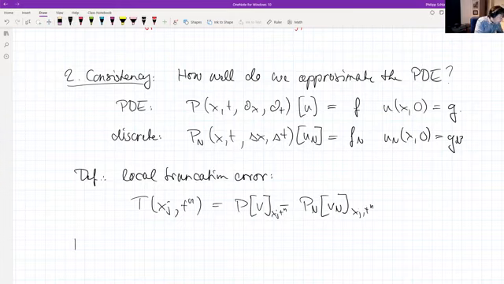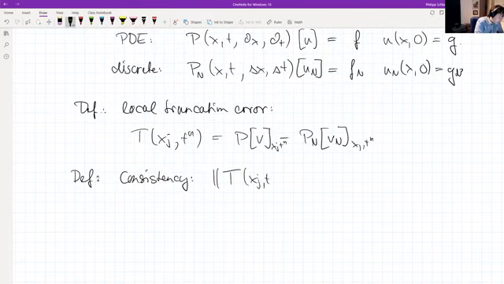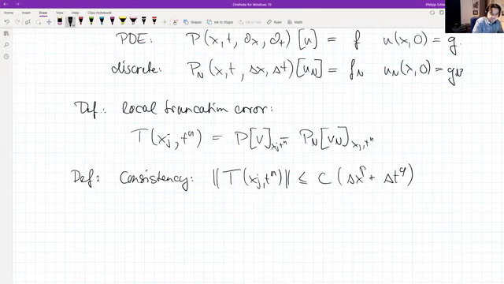Okay, and now if I go one step further, what is now consistency? Well, it just means that this difference between the two operators goes to 0. So consistency now means that the norm of T at xj and tn is smaller than some constant C times delta x to the power of p plus delta t to the power of q.